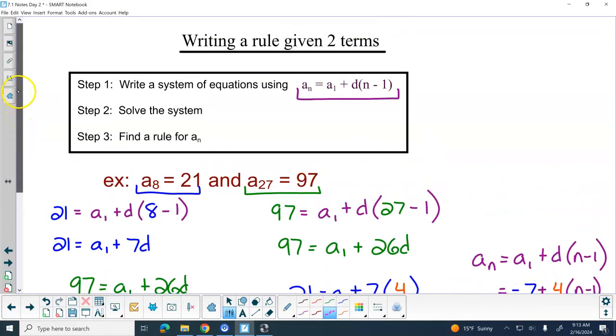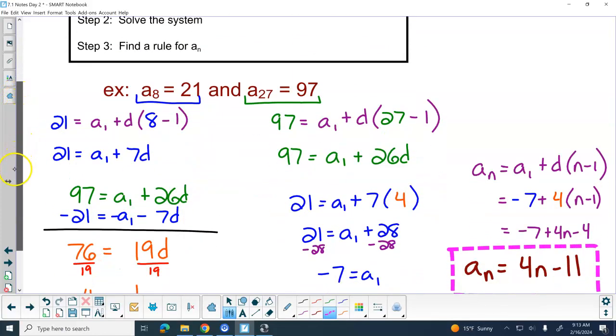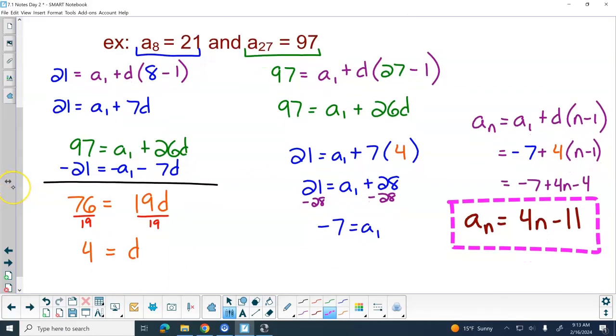Did it ask us? Nope, not to find an extra term. Okay. So when you're given 2 terms, you got to set up a system of equations to solve.